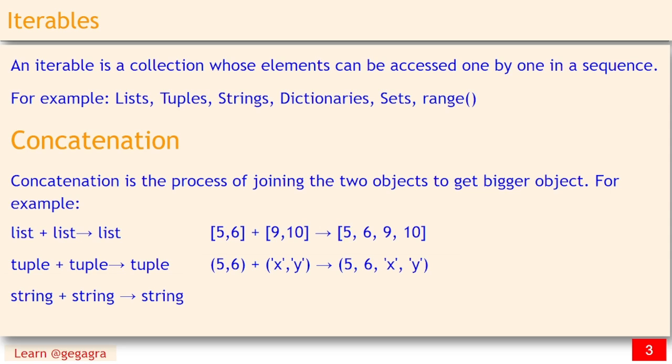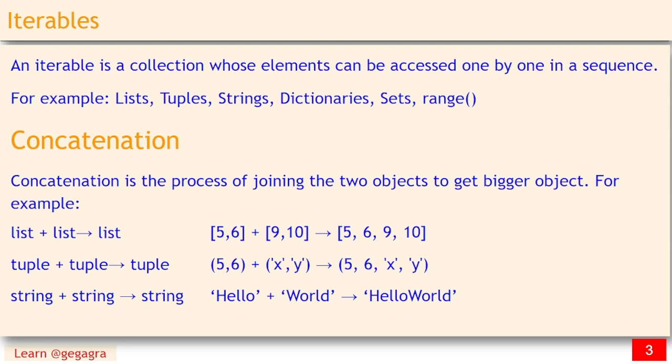Same is with strings. Suppose one string is hello and another is world. When we apply concatenation, meaning the plus sign, you'll see hello world is joined together. The second word is joined with the first word and concatenated at the end.